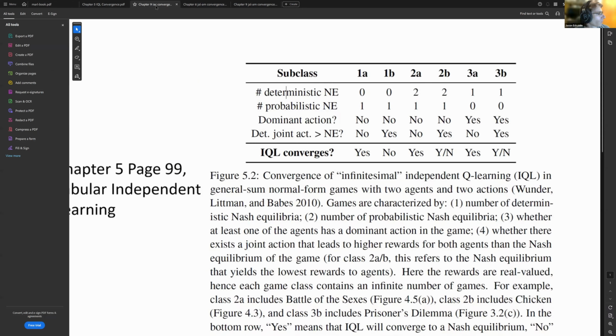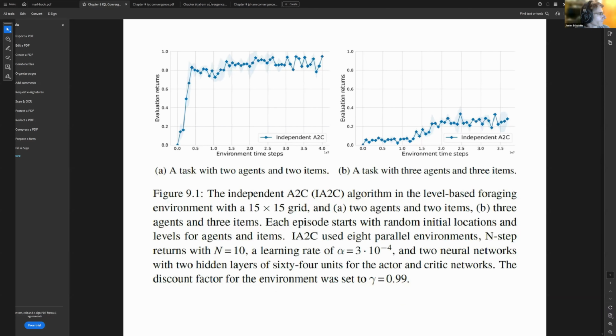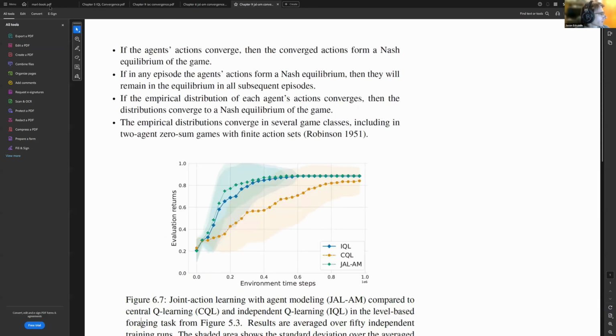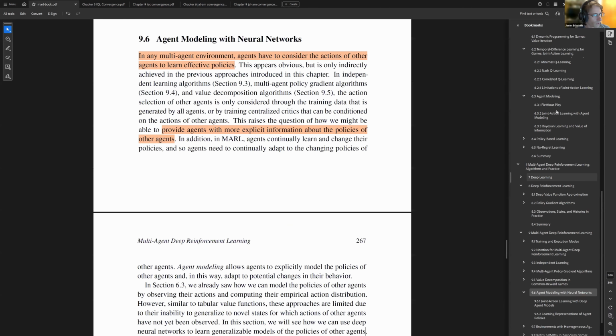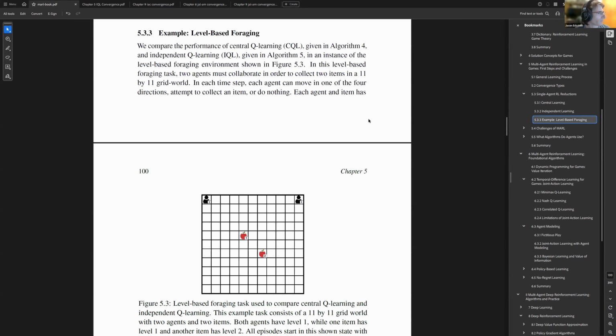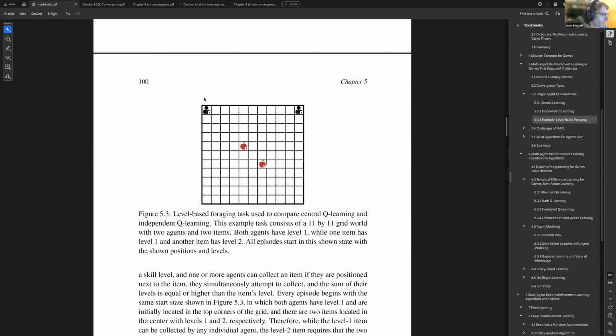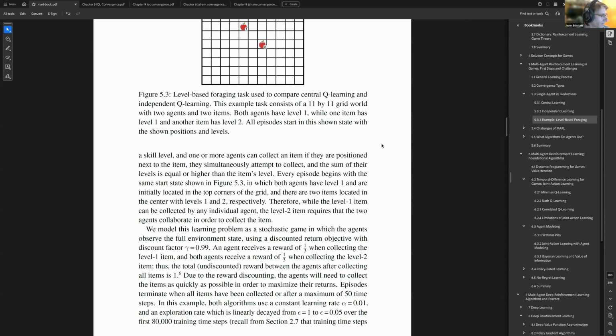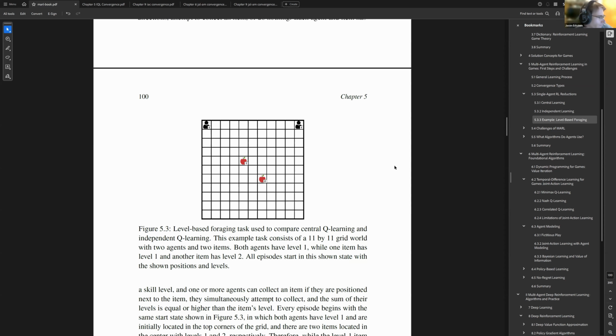But one of the examples, actually, wait, let me just go back in the book. So this example, we're going to use it again with approximation, but this was this level-based foraging game in a tabular problem where there's a limited number of states, and we can represent all of them as a discrete thing with its own estimate.